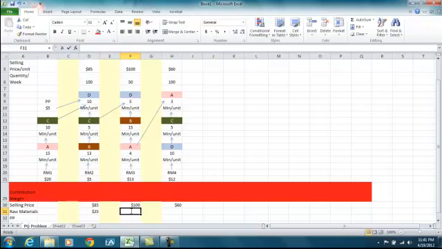The raw materials for product beta are going to be $5 and $13. And the raw materials for product omega is going to be $13 and $12.